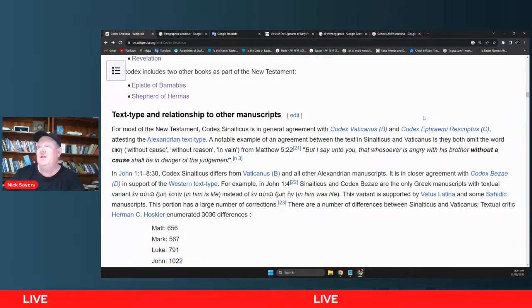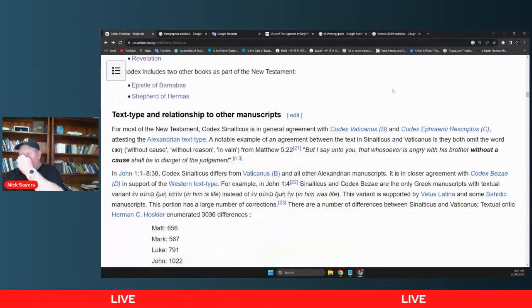That's unfortunate. But so if you were to read Burgon, he would say Codex Sinaiticus is in huge disagreement with Codex Vaticanus. And he said that it's easier to find a place where they disagree than where they agree. So, but here they're like, no, it's just general agreement. I know this is just Wikipedia, but that's the consensus usually.